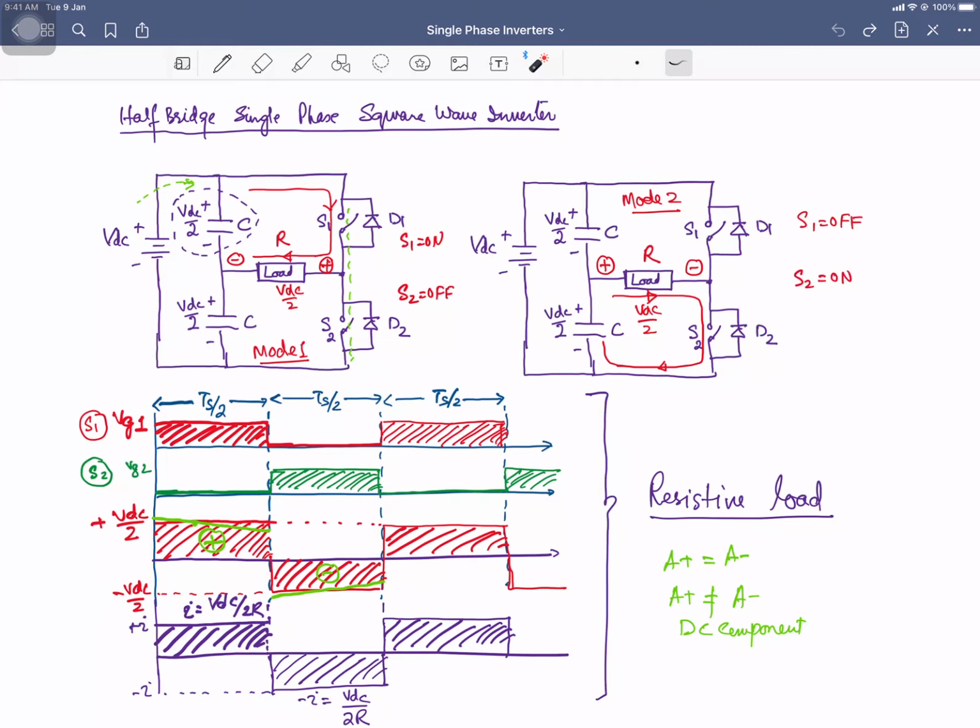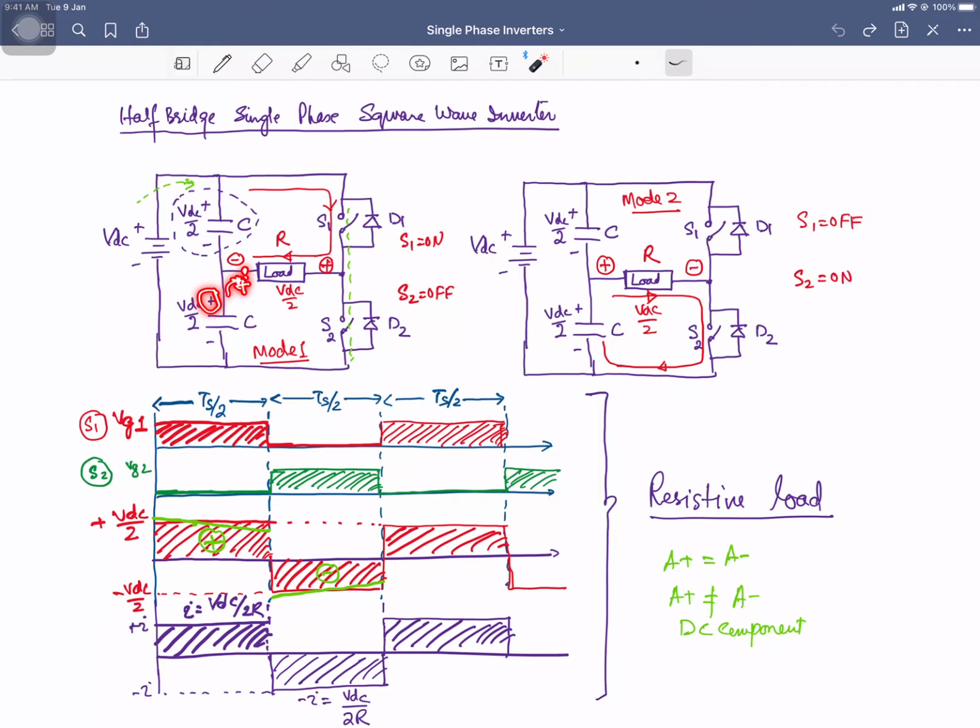So, once it is divided into two parts and we turn on the switch S1, this capacitor will be connected in parallel to the load. So, your load voltage will be equal to VDC by 2. When you turn off this switch and turn on the switch S2, if you have the resistive load, the positive terminal of the source will be connected with this point of the load.